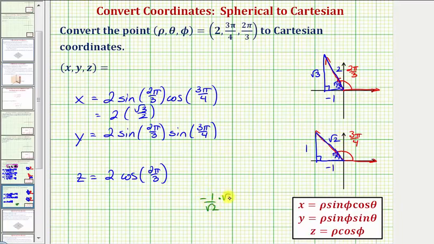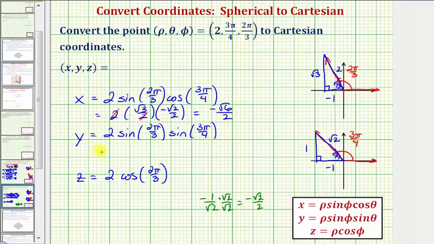But if we rationalize this, we should recognize this would be negative square root 2 divided by 2. Let's go ahead and use the cosine function value in this form. So we have negative square root 2 divided by 2. Simplifying before we multiply, 2 divided by 2 simplifies to 1. So x is equal to negative square root 6 divided by 2.